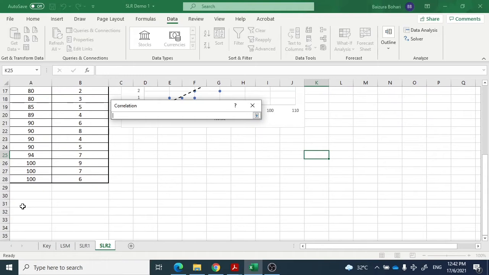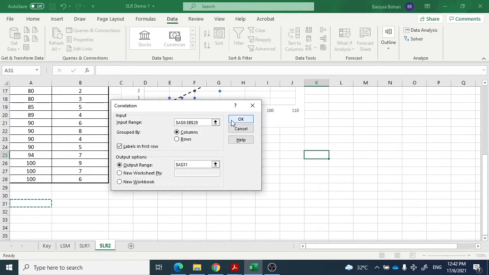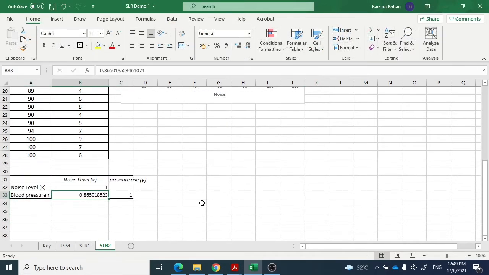So let's say put it here, and then click OK.